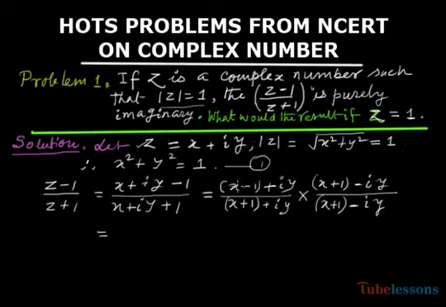Now when you multiply x minus 1 plus iy with x plus 1 minus iy, first we are getting x minus 1 into x plus 1, minus x minus 1 into iy, then plus x plus 1 into iy, and that is minus i square, so it becomes plus y square.